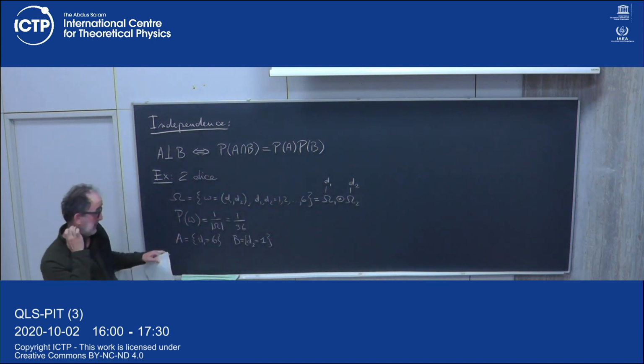And it is clear that the probability is the product of the two probabilities.